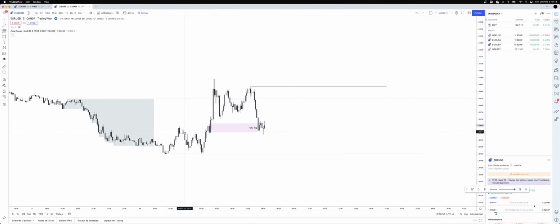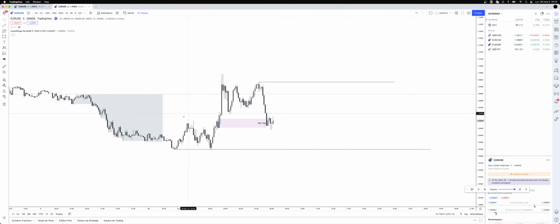The most important thing I backtested a lot in my career in trading is that the market makers, the institutions, want to close the position on the London low, the London high, or the Asian low, the Asian high, and create a new high of the day or new low of the day.